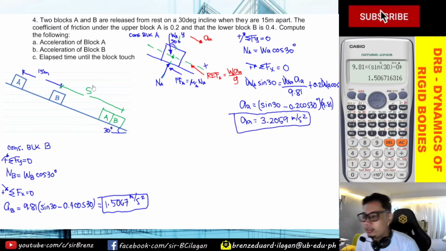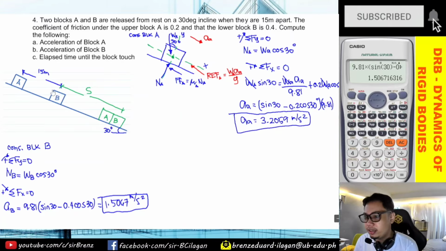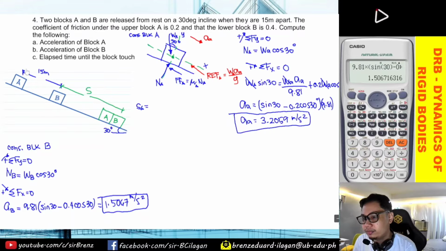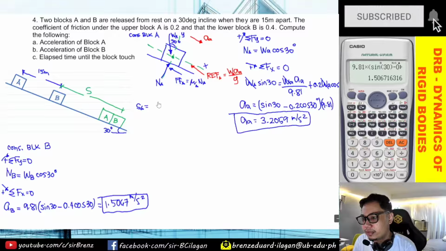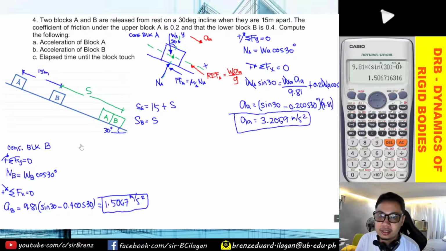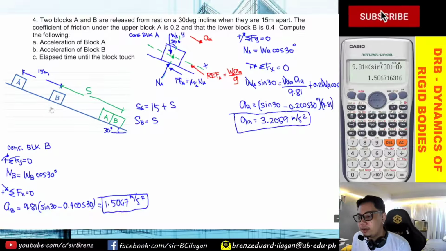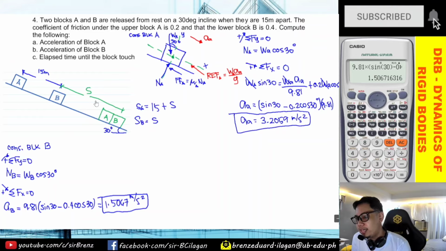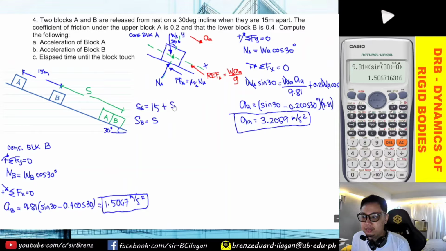Which one will we use? What we'll do is relate their distances. The distance traveled by block A, if you analyze the figure, is 15 plus S, while for block B it is just S. We'll make an equation for distance S considering block B, and once we get the equation in terms of S, we'll substitute it here.